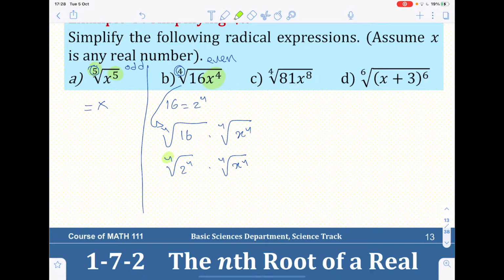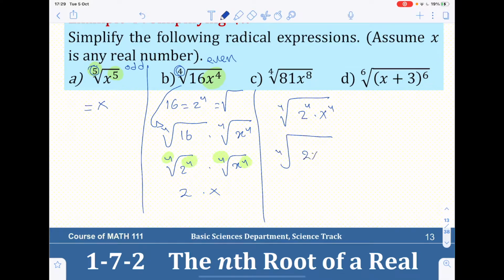We can cancel the power together with the root, and then we're left with 2x. We can distribute the root, or we can write this as 2 to the power 4 times x to the power 4, then 2x all to the power 4. Then I cancel the power with the root, and I'm left with 2x. So both ways are fine.